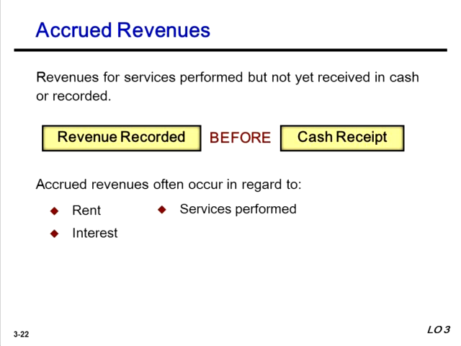So an adjusting entry would have to be made to recognize the revenue and to recognize that the company will receive the money. If we did not do that, revenue would be understated, which would understate net income, and assets would be understated because we would not have recorded an amount in accounts receivable.